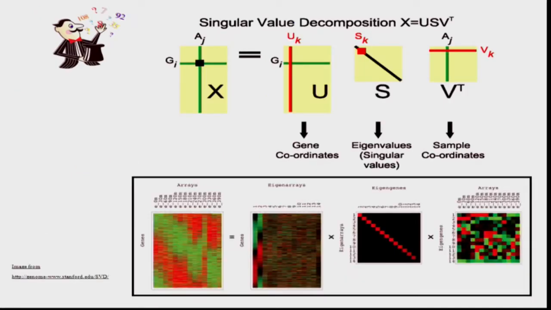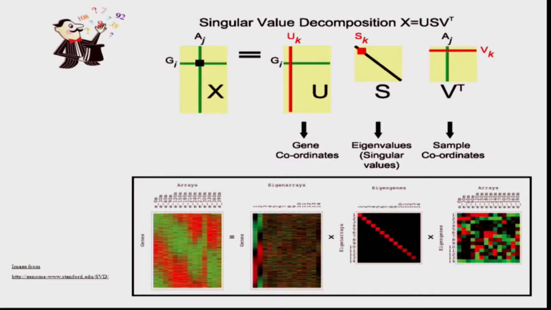Okay, so most of the eigenanalysis are actually computed using singular value decomposition. This is just the eigenanalysis that's used. Given an initial data set here, you decompose it into 3 matrices.